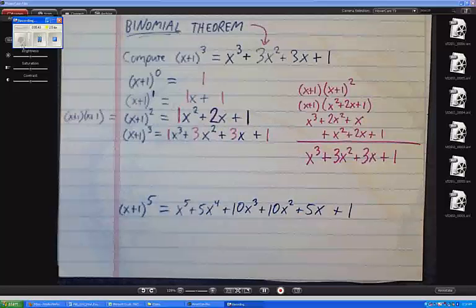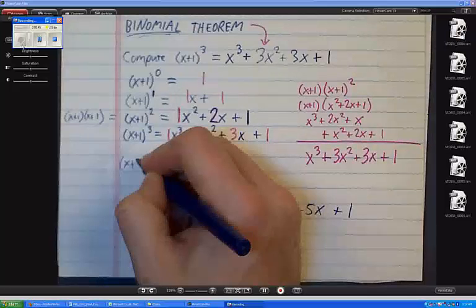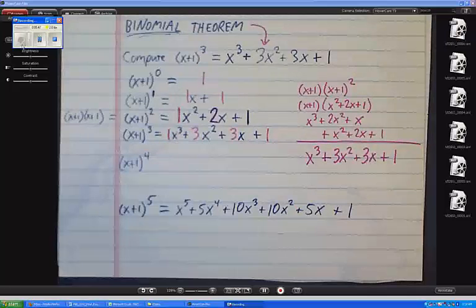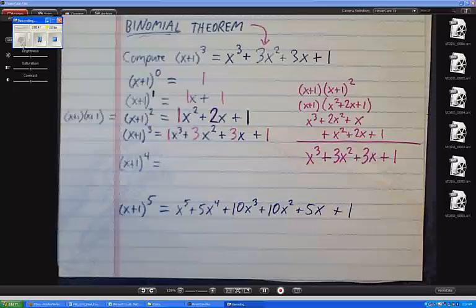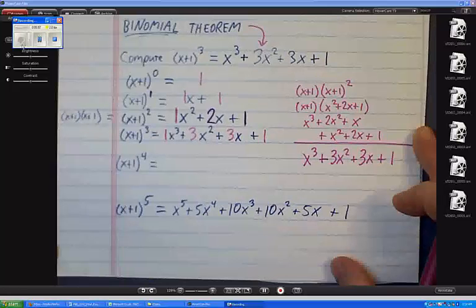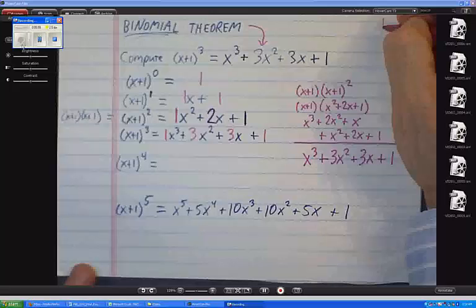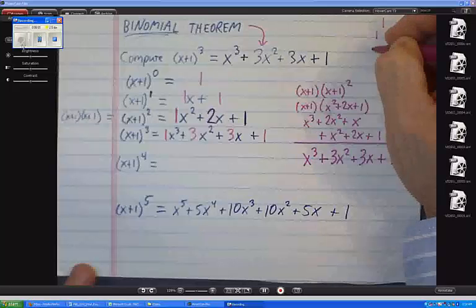X plus 1 to the 4th power is what I'm going to do next. But what I'm going to point out is these numbers in pink, maybe if I write them over on the side, you'll recognize what's going on. They form a triangle. Do you guys see that?